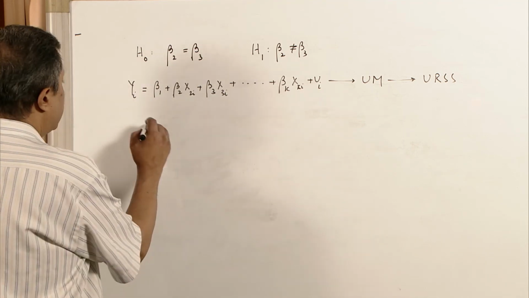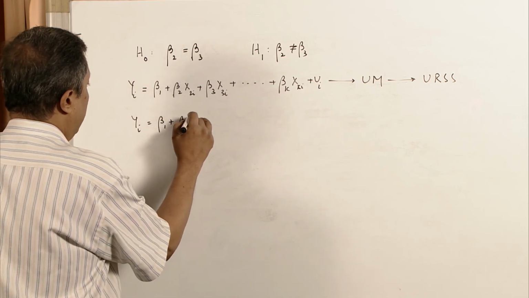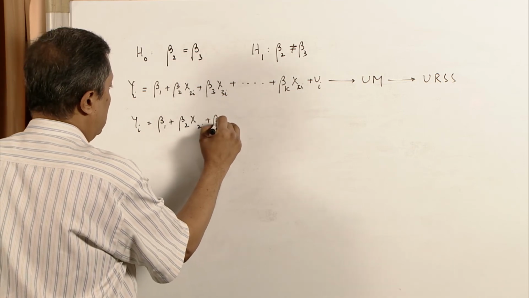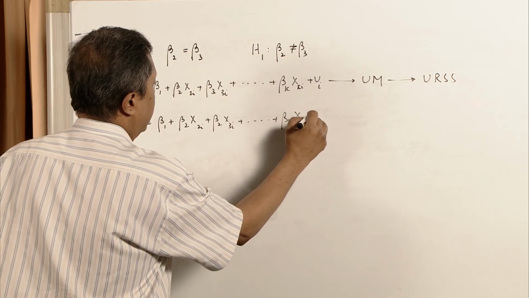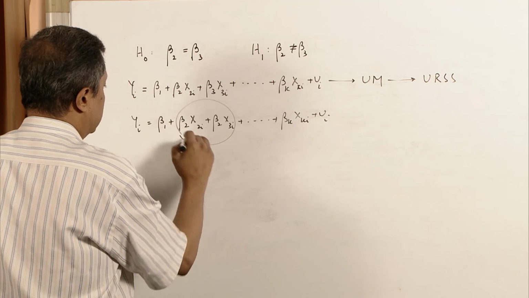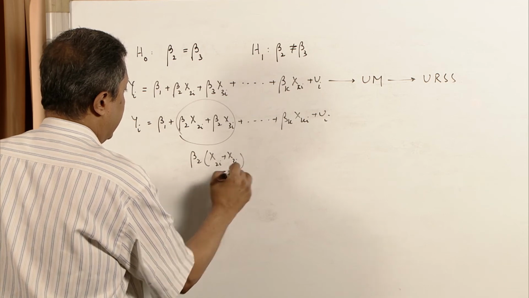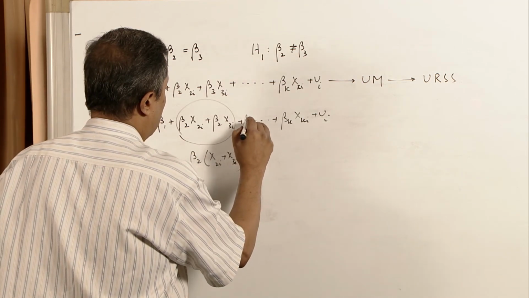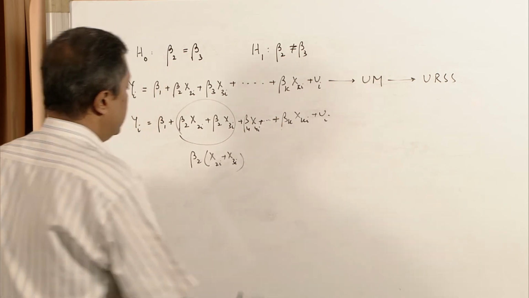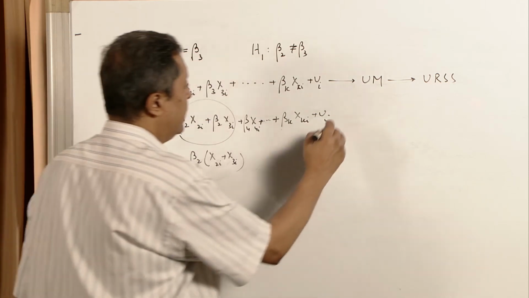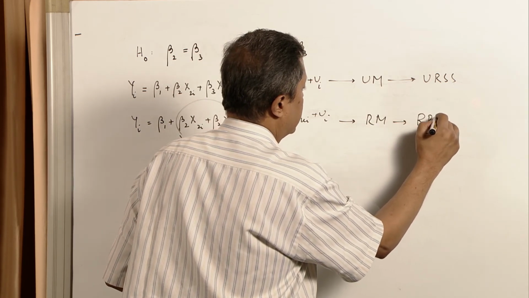So, the restricted model would be yi is equal to beta 1 plus beta 2 x 2i plus again beta 2 x 3i, up to beta k xki plus ui. So, that would become beta 2 into x 2i plus x 3i, and then you have beta 4 x 4i plus, and it goes on. This is the restricted model, and from here we get the restricted residual sum of squares.